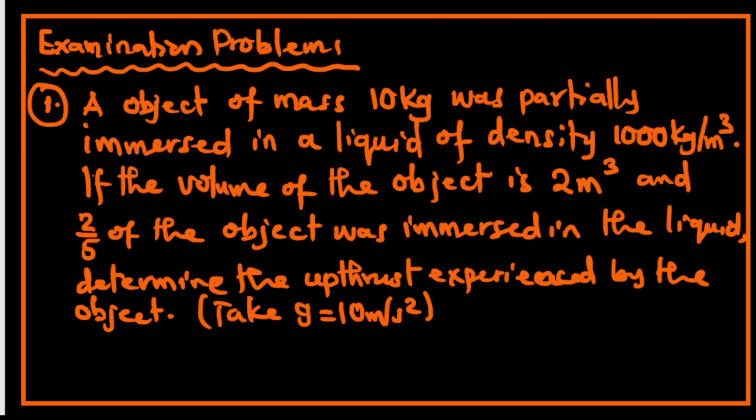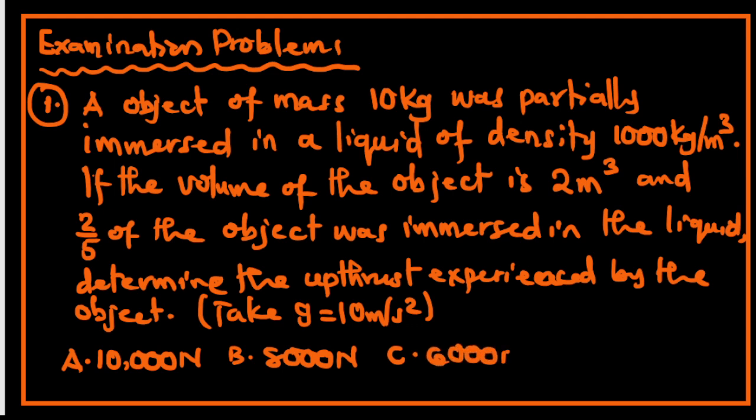So let me give options. Option A, you have 10,000 newtons. B, 8,000 newtons. C, 6,000 newtons. D, 80 kilonewton. E, none.